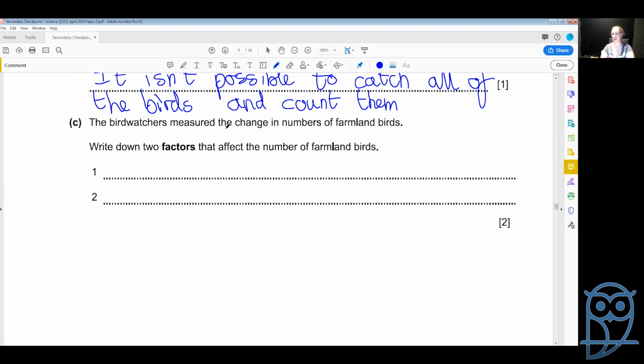So bird watchers measured the change in the numbers of farmland birds. Write down 2 factors that affect the number of farmland birds.